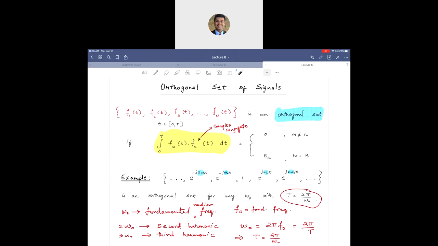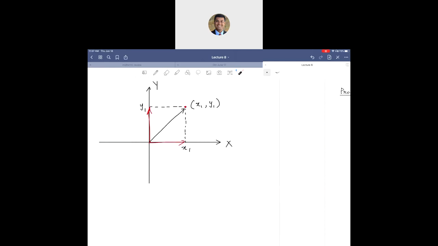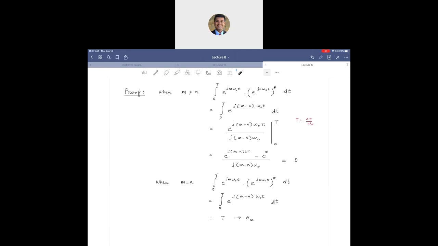The claim is that that is an orthogonal set of signals with a time period T of 2 pi divided by omega naught. So how can we prove this? Well, we just simply have to prove it using the definition of orthogonality. We said that when m does not equal n, the integration should go to 0.